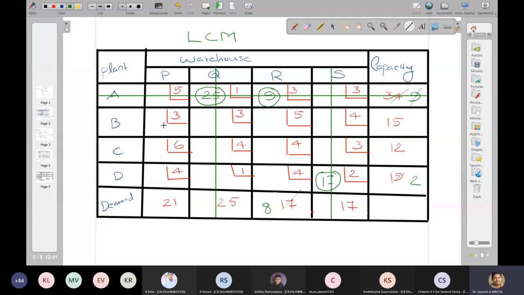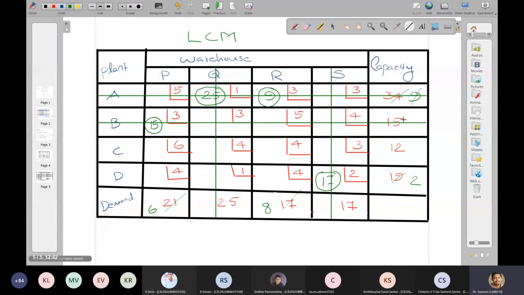The capacity of plant B is 15 and demand is 21. So how much allocation can I give? 15. So balance will be 6. Row wise it is 0, column wise 6 is left out.